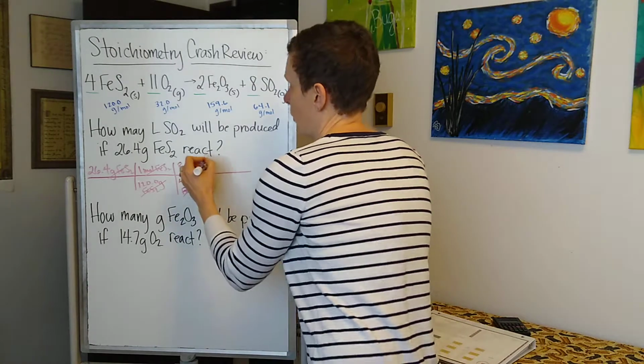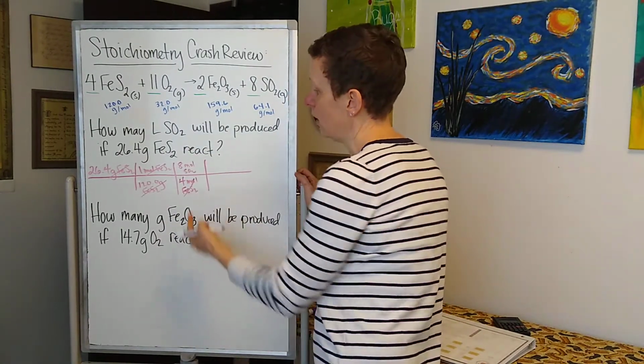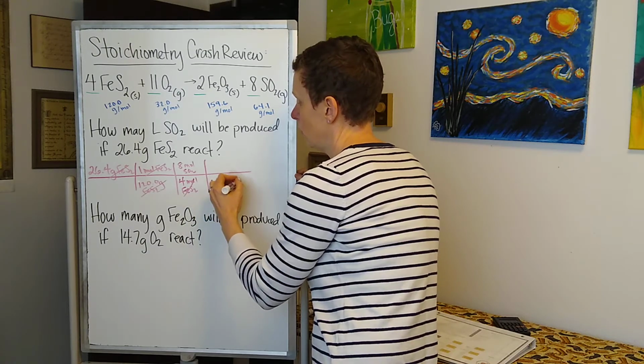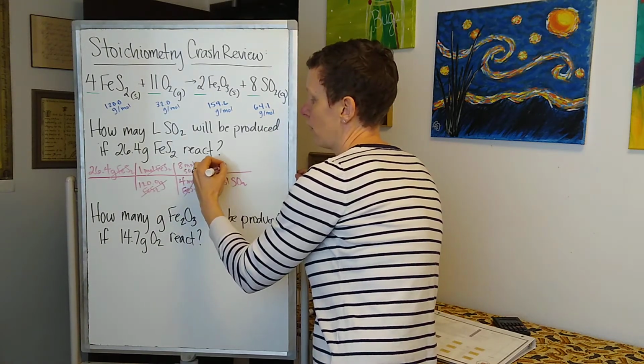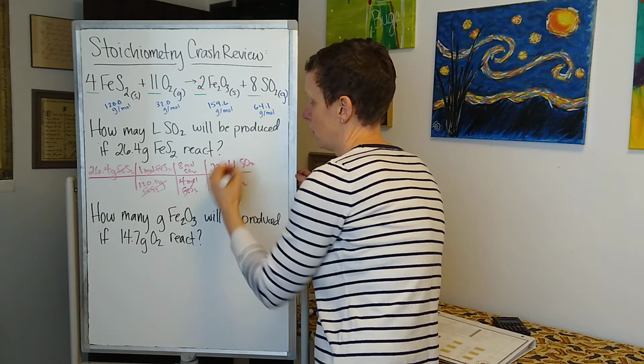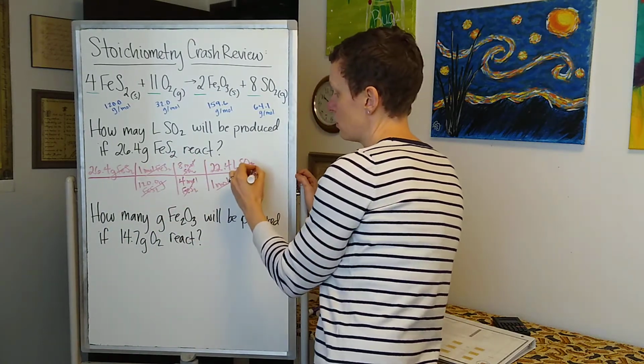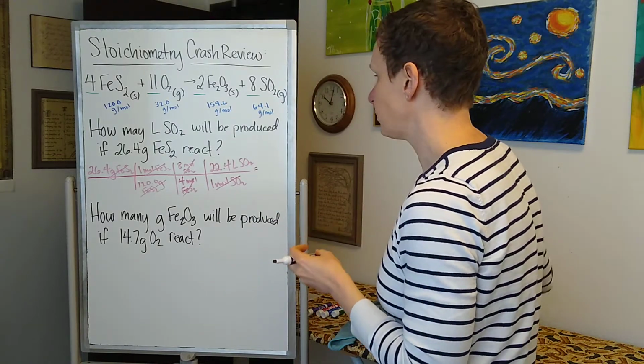Okay. So where do I want to put my 1 mole? Well, I want moles to cancel. So 1 mole of SO2 is 22.4 liters of SO2. So moles cancel out. Everything cancels except for liters of SO2. So that's what I'm looking for.